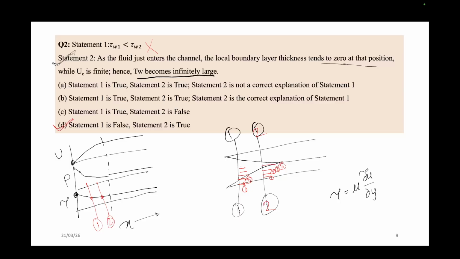Gradient is less means this value du/dy is less. That means tau will be, how, if it is less, tau will be, these two are directly related. Tau is mu into du/dy, now you got it from the fundamental.